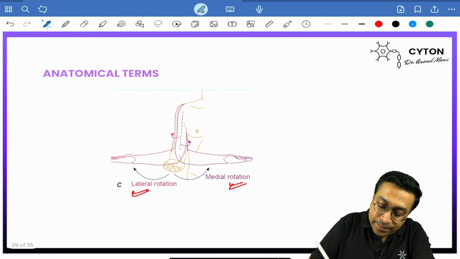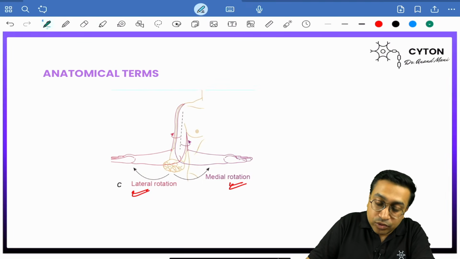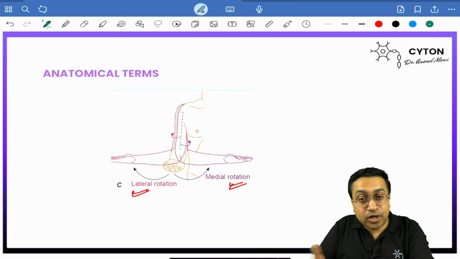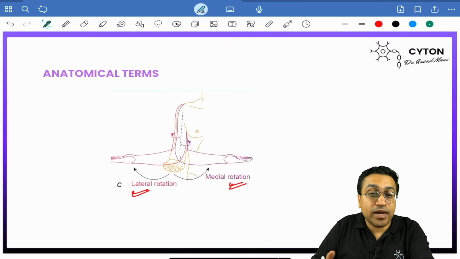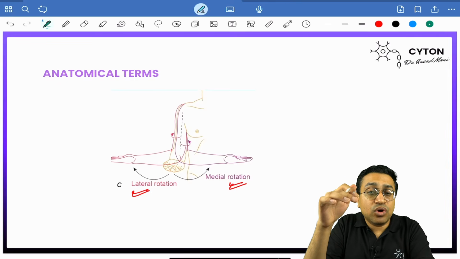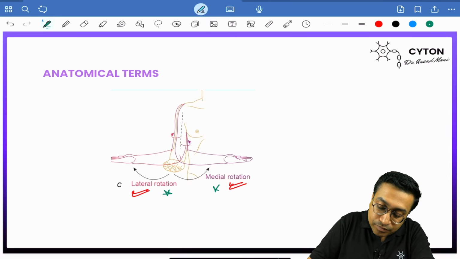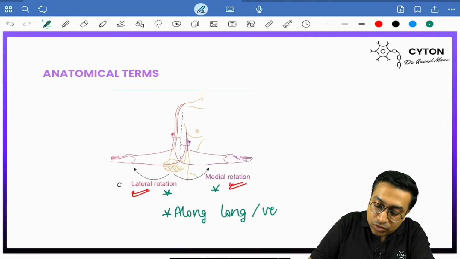Then medial rotation, lateral rotation. These rotations are happening, maybe medial rotation or lateral rotation. So these are happening along the long or the vertical axis.